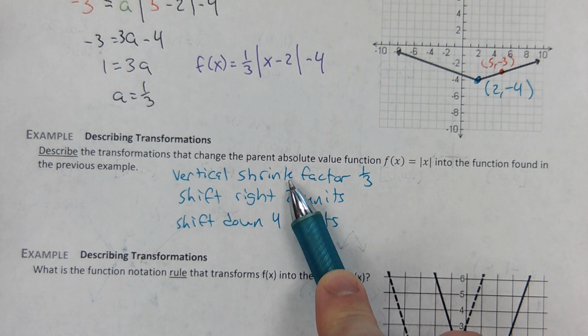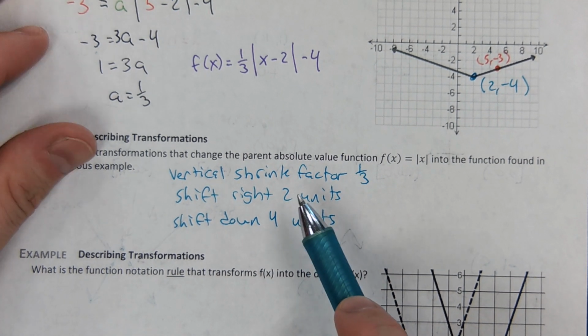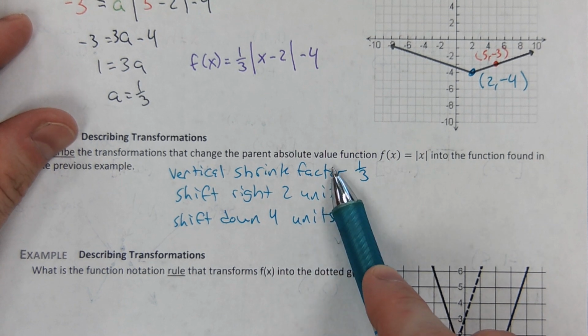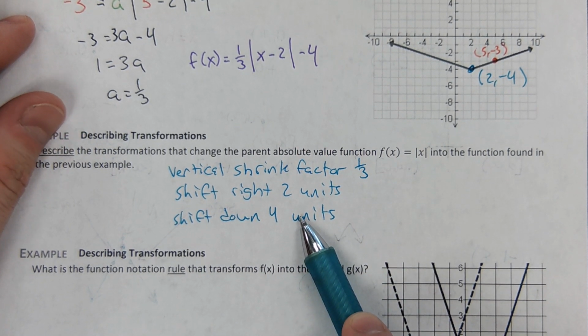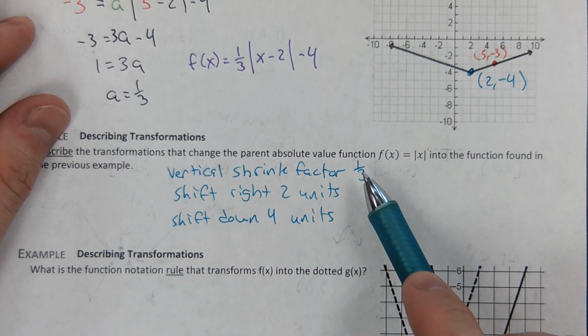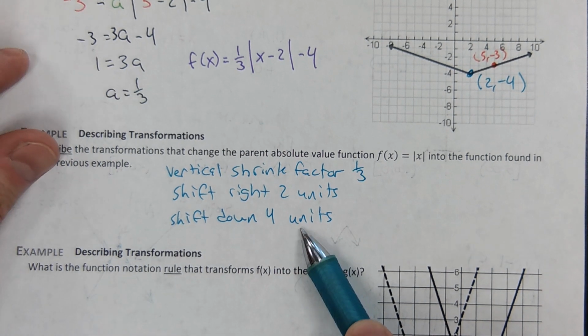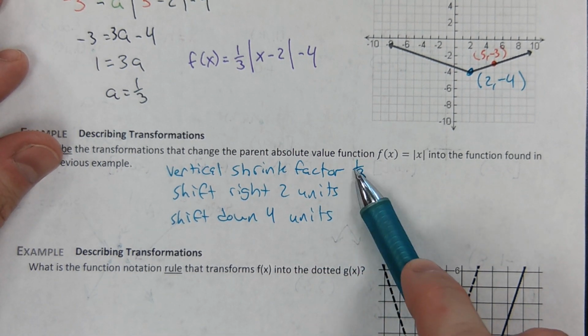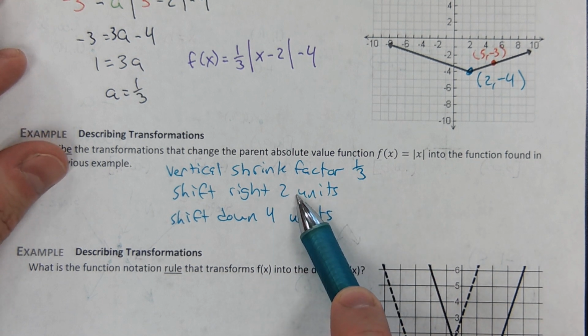Okay, Megan? I could have said shift right 2 first. It didn't matter actually when I said shift right 2. Could have been first, could have been second, could have been third. The only thing that mattered in your ordering was that the vertical shrink was mentioned before the shift down because of PEMDAS. But because horizontal changes and vertical changes don't affect one another, when this one gets mentioned doesn't matter.